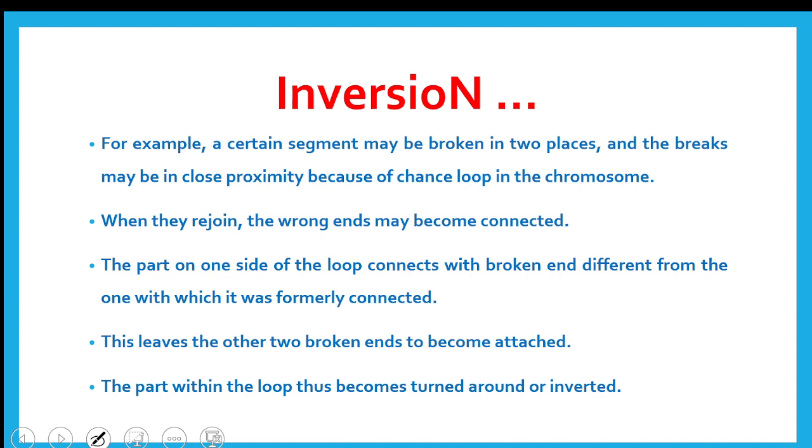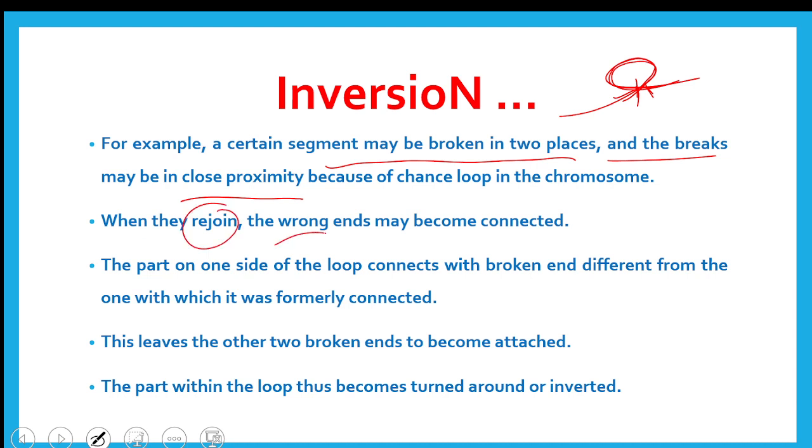Coming to the mechanism, a certain segment may be broken in two places, as we have just seen. The breaks may be in close proximity because of chance loop. The breaks are very close because there is a loop formation as the chromosome segment has rotated through 180 degrees. When they rejoin, the wrong ends may become connected.